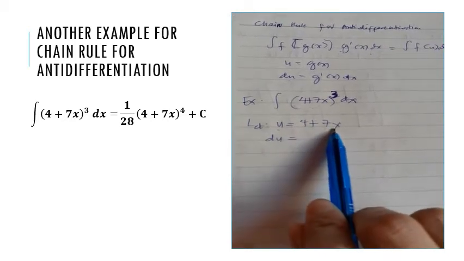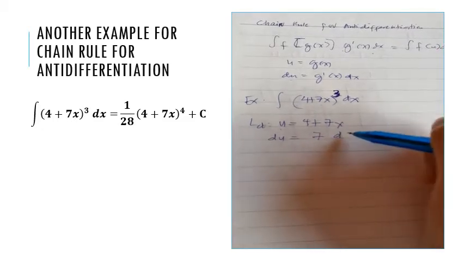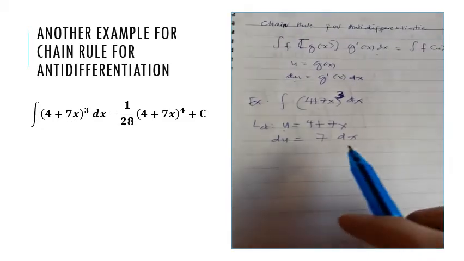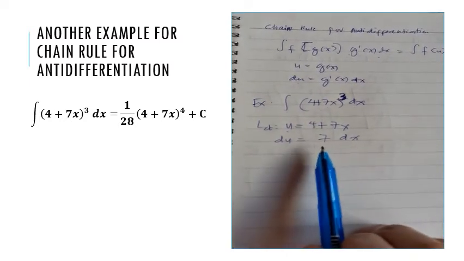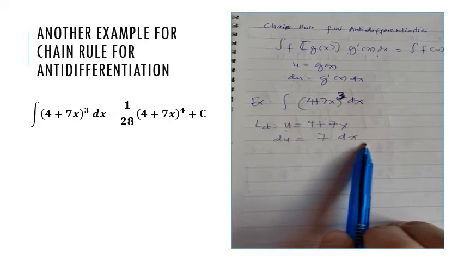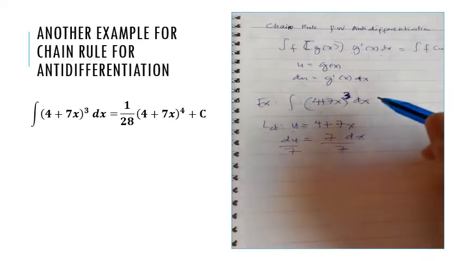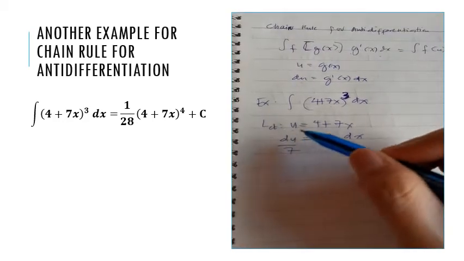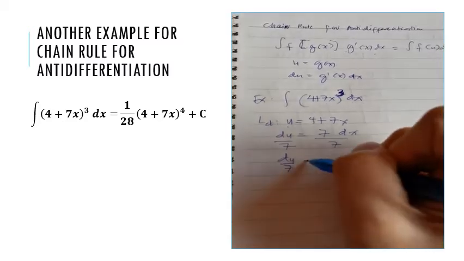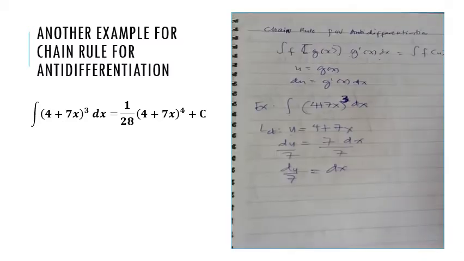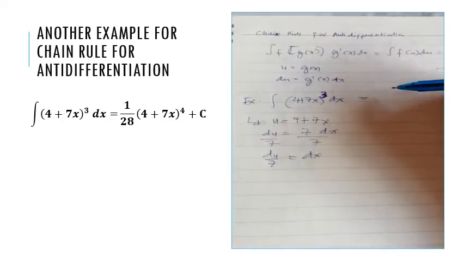The derivative of 7x is 7. Since we differentiated, we add dx; every time we differentiate the left side of the equation, we need a dx. Divide both sides by 7, so du over 7 equals dx. Now we can transform it in terms of variable u.